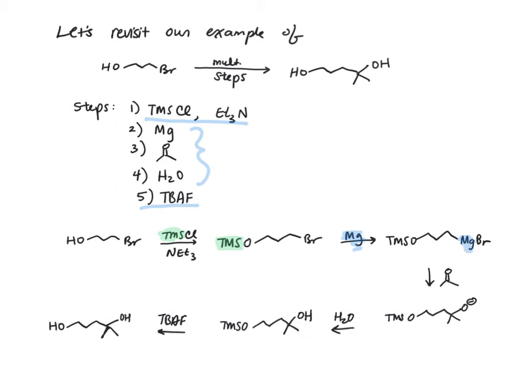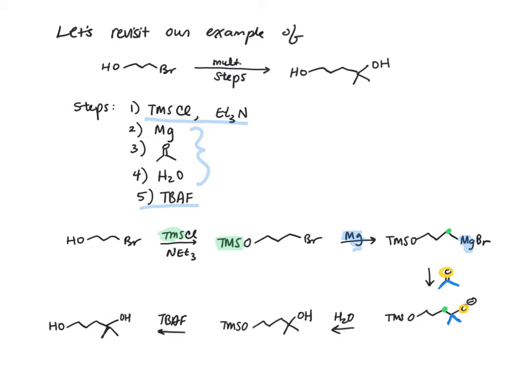And then we're adding acetone. And let's look at what we're adding. We've got two methyl groups that are attached to this original carbon atom, and the alkoxide that forms from the carbonyl oxygen atom.